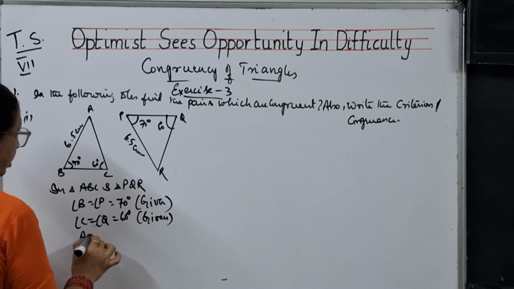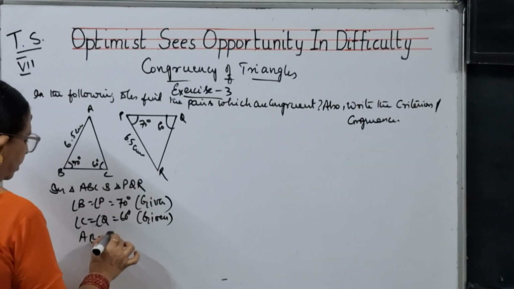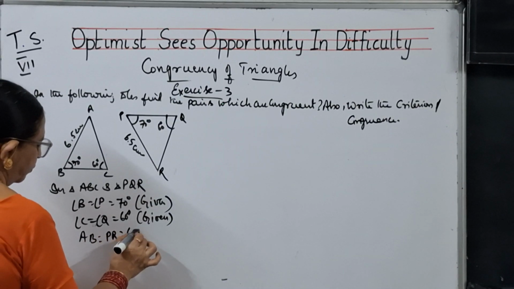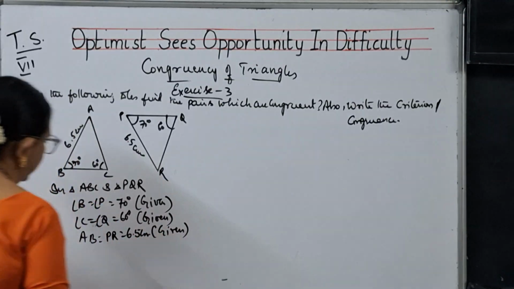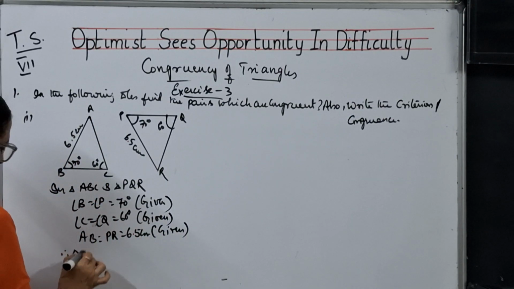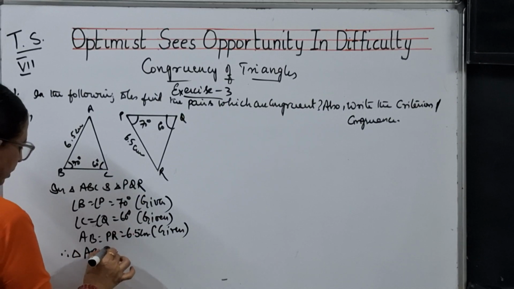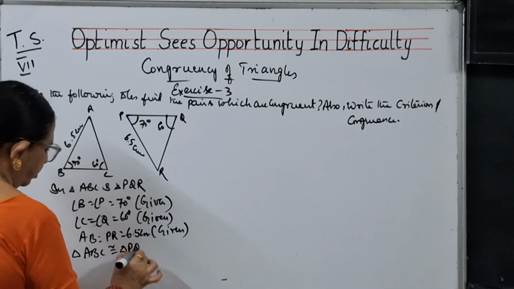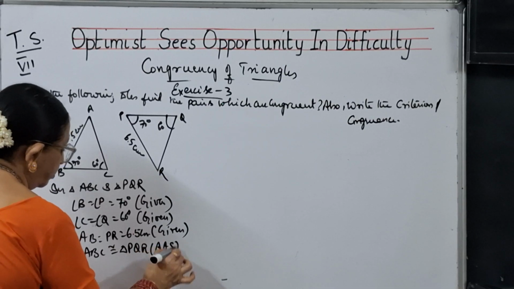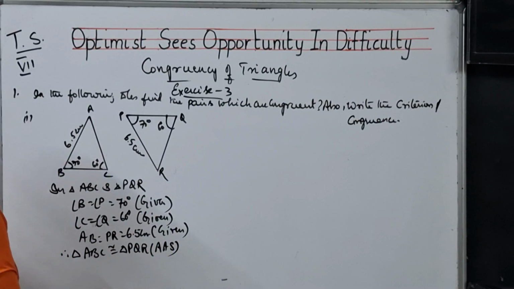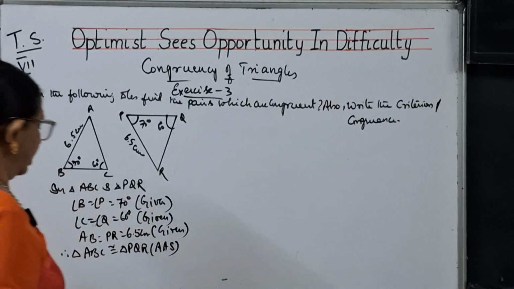And AB is equal to PR, that is 6.5 centimeters. This is also given to us. Therefore, we can say that triangle ABC is congruent to triangle PQR basing on angle angle side property, because the side is not included between the two angles which are equal. So we will say that it is the angle angle side property.